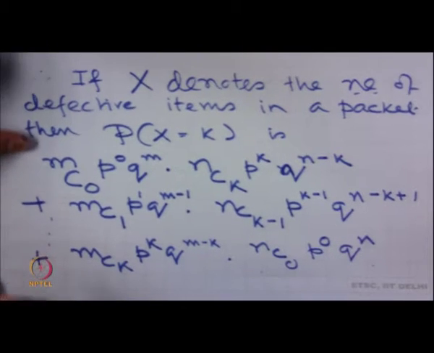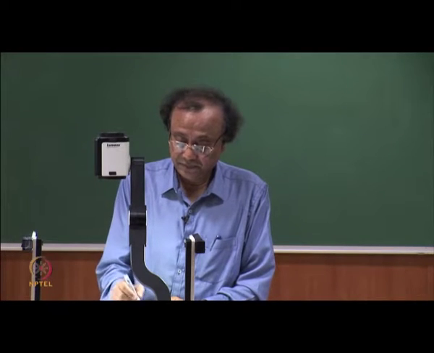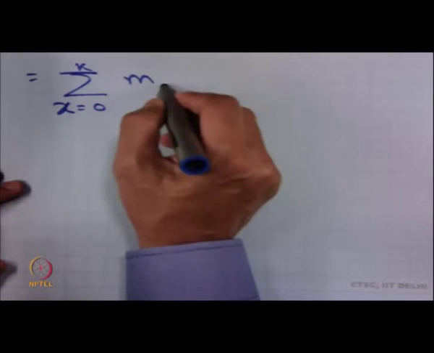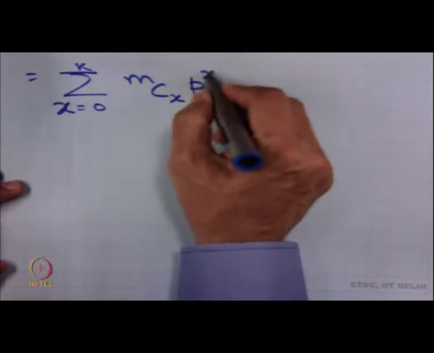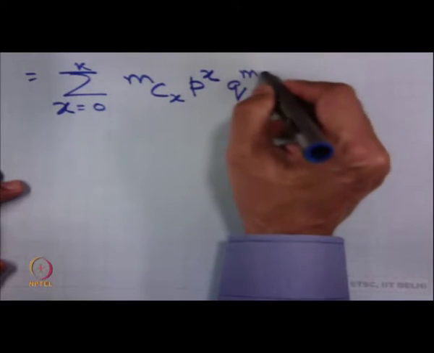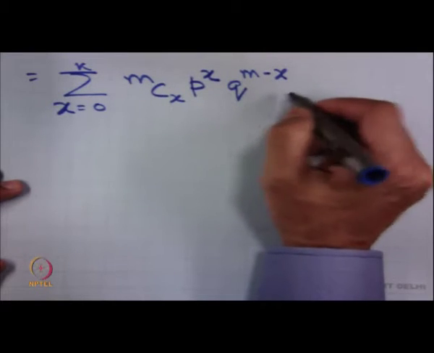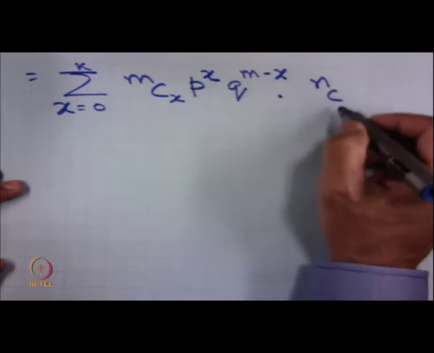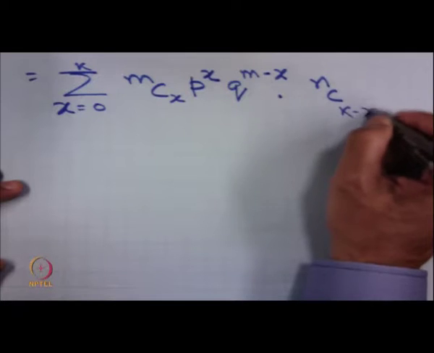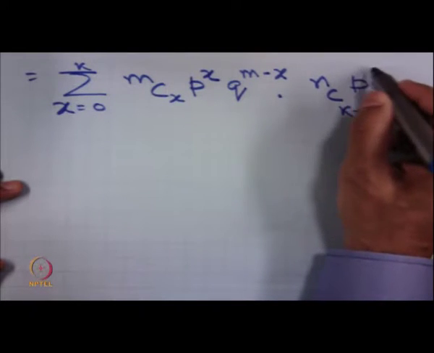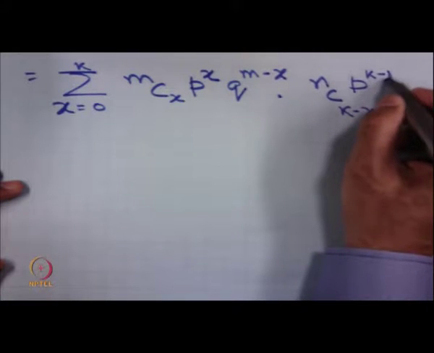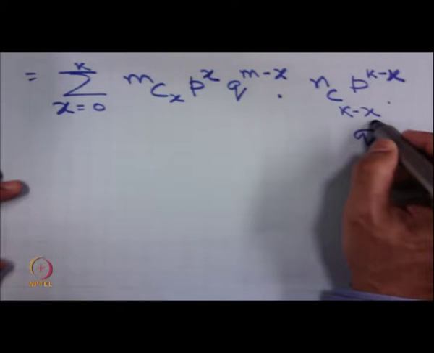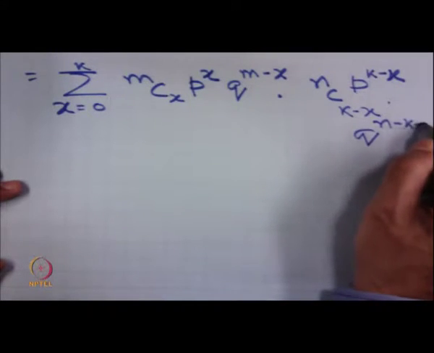This we can write as sigma x equal to 0 to k, m c x p to the power x q to the power m minus x, multiplied by n c k minus x p to the power k minus x into q to the power n minus k plus x.